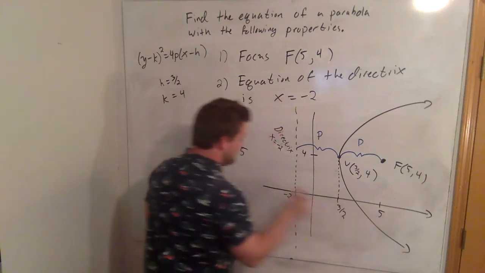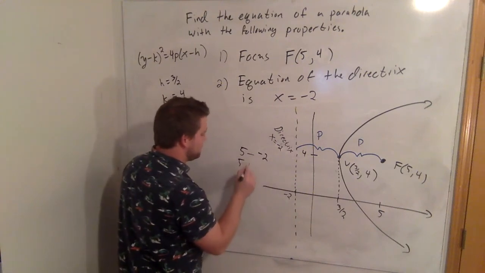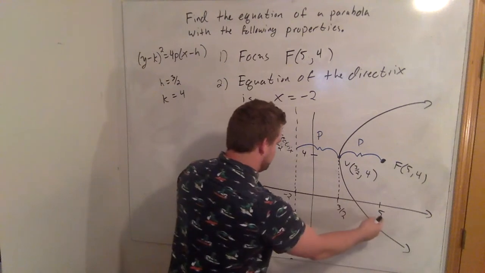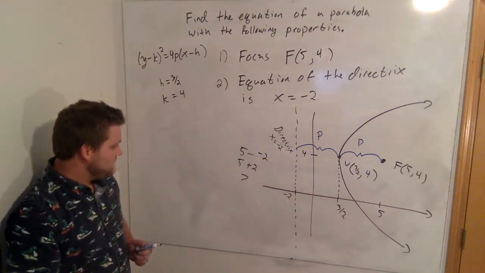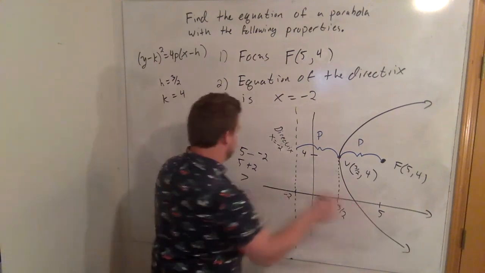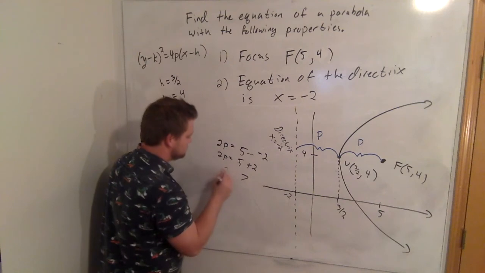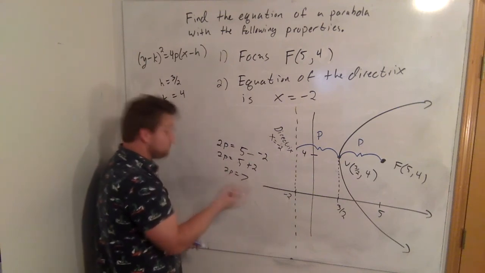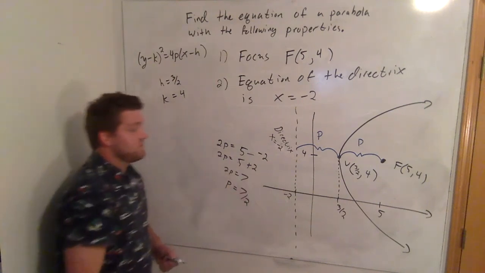So 5 take away -2 is 5 plus 2, or 7. So 5 and -2 have a distance of 7 from one another. And then this is 2p. So we can divide both sides by 2, so p will be equal to 7/2.